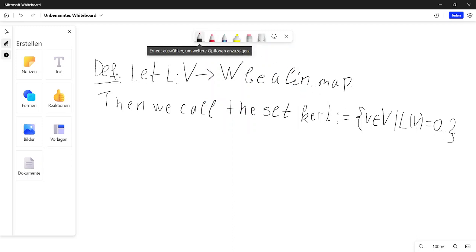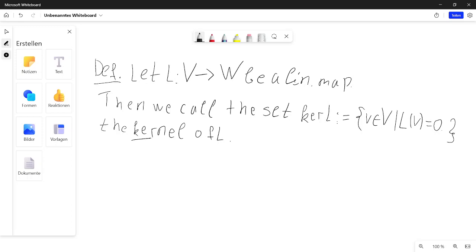The kernel of L. You'll see that this set will have a particular meaning in quite a lot of contexts, so it's not for nothing that we have defined it.